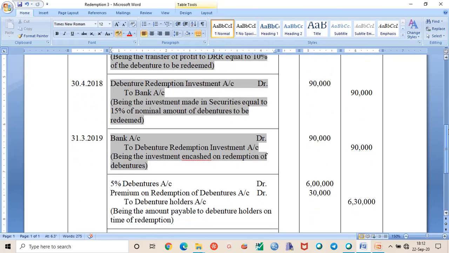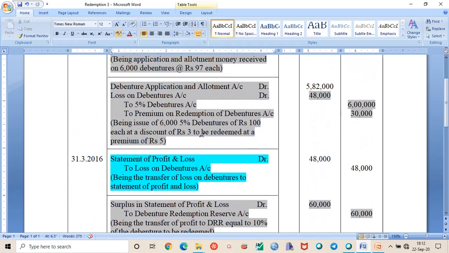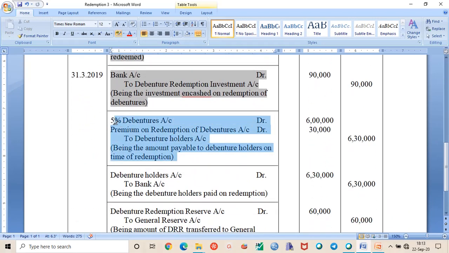After which you will transfer this, because it is now the time of redemption. So 5% debentures account debit, premium on redemption of debentures account debit, to debenture holders. This is the amount payable to debenture holders at the time of redemption. Now you will make the redemption.